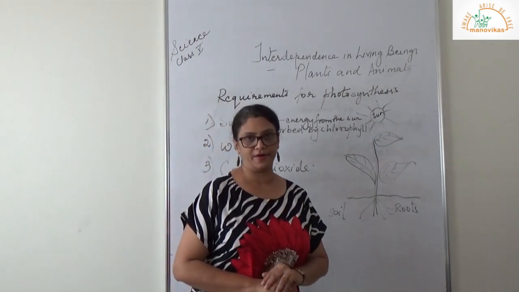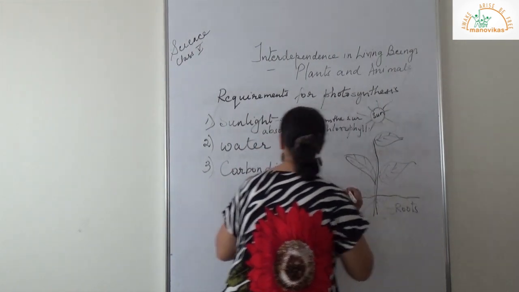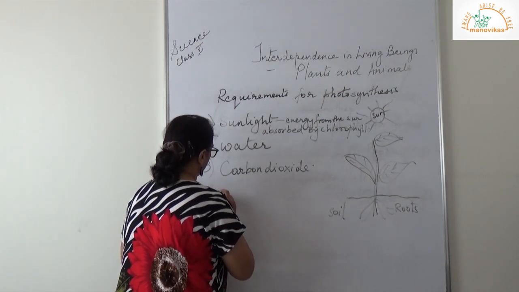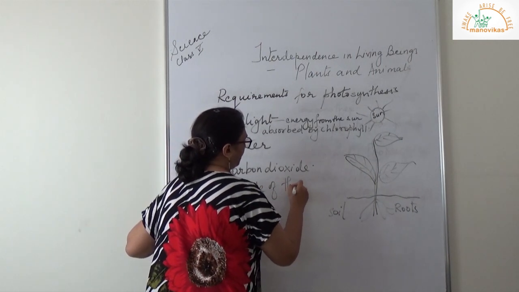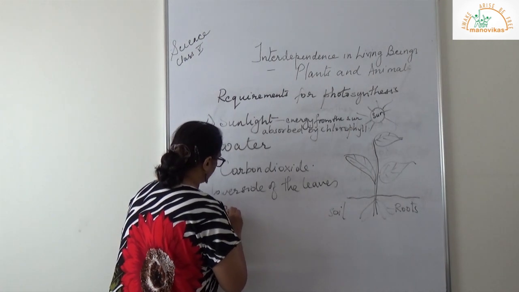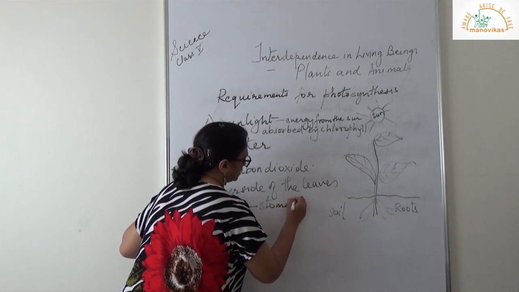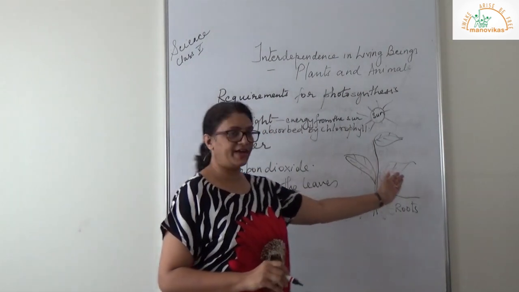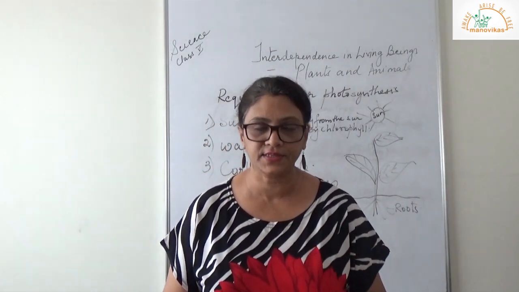What about carbon dioxide? Now on the underside of the leaf, on the lower side of the leaf, there are pores called stomata for exchange of gases.